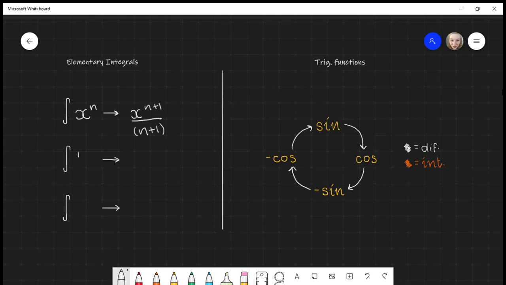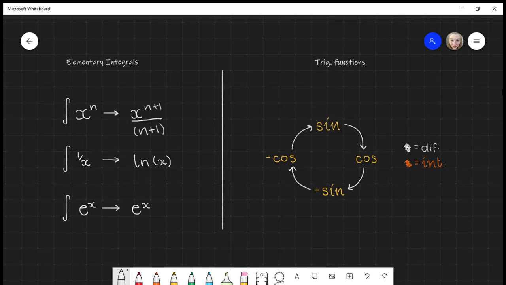If we have 1 over x, then the integral of 1 over x is ln x. And if we have e to the x, the integral of e to the x is e to the x, just like in differentiation. Its derivative is also e to the x, so the function e to the x doesn't change.